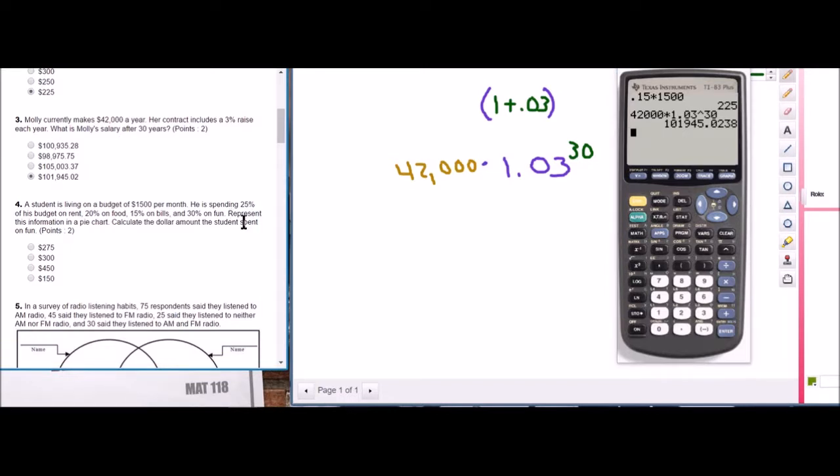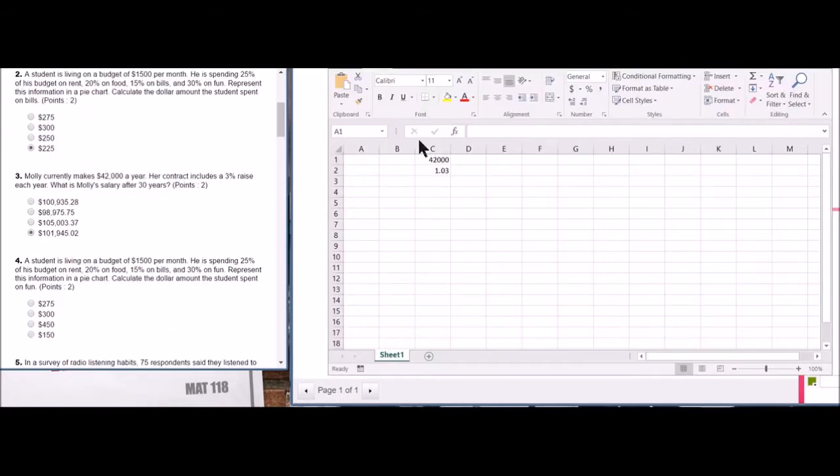Now, if you're unsure about that, you can set it up in Excel or on the calculator, and you can go times 1.03, enter, and then you can times that answer by 1.03, and you can do that 30 times. That's more than feasible. Or let's go back to Excel to see how we can do it in there. Here in Excel, we'll do equals 42,000 times that.